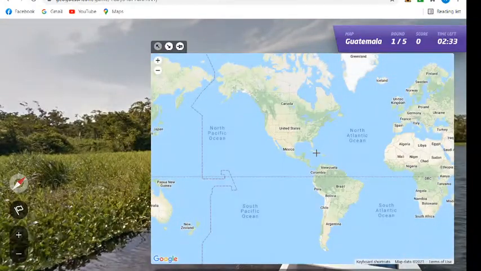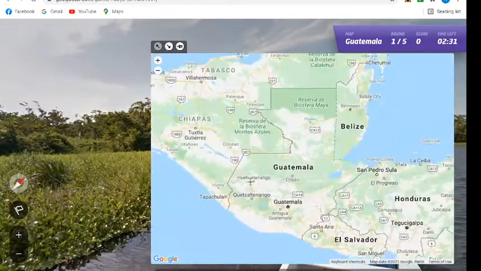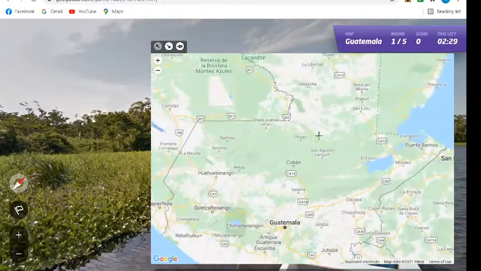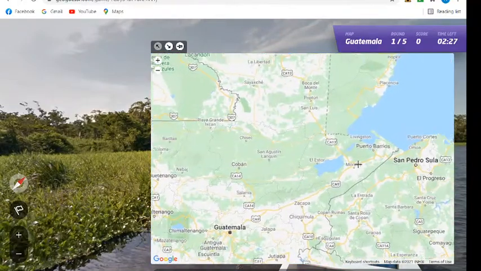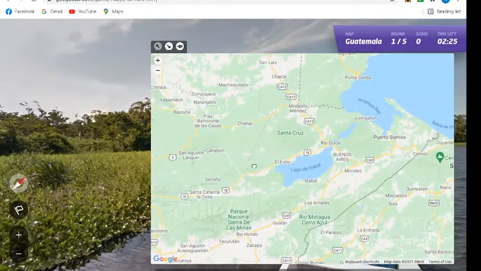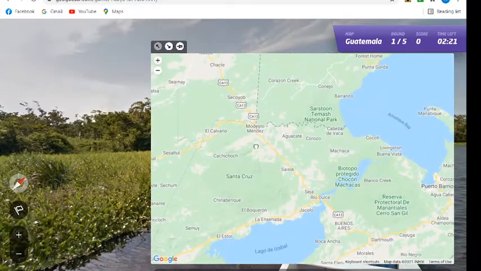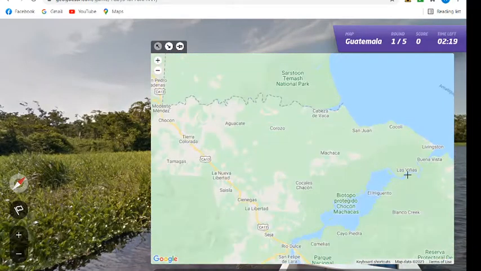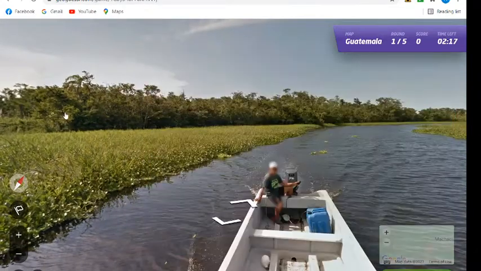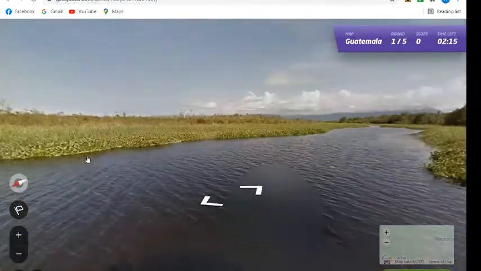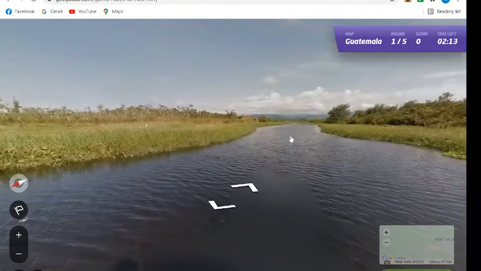Looking at this, I'm thinking it can't be here. This area could be toward these lakes, or okay.